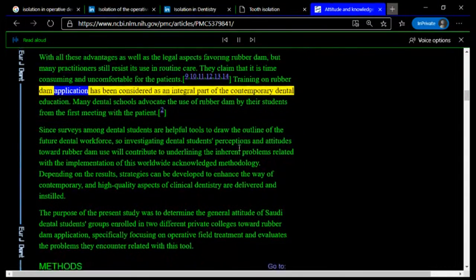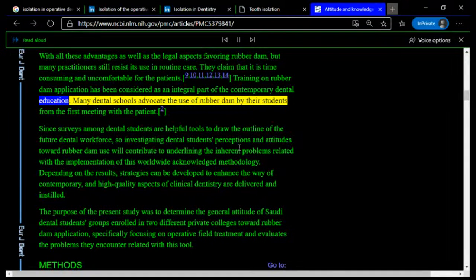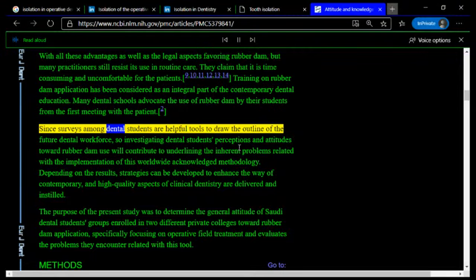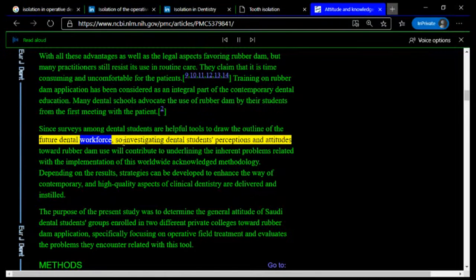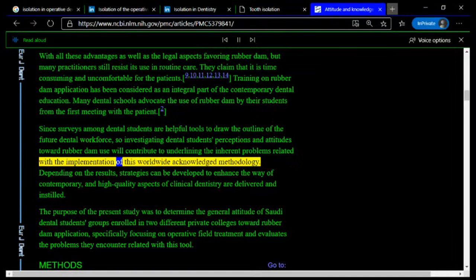Training on rubber dam application has been considered an integral part of contemporary dental education. Many dental schools advocate the use of rubber dam by their students from the first meeting with the patient. Since surveys among dental students are helpful tools to draw the outline of the future dental workforce, investigating dental students' perceptions and attitudes toward rubber dam use will contribute to underlining the inherent problems related with the implementation of this worldwide acknowledged methodology.